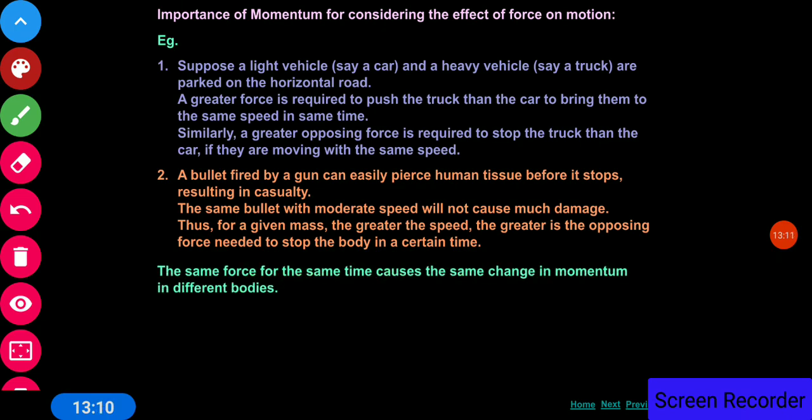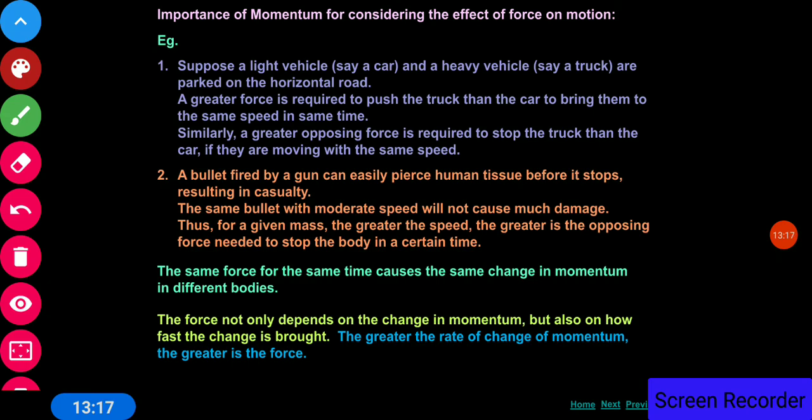The same force for the same time causes the same change in momentum in different bodies. The force not only depends on the change in momentum, but also on how fast the change is brought about. The greater the rate of change of momentum, the greater is the force.